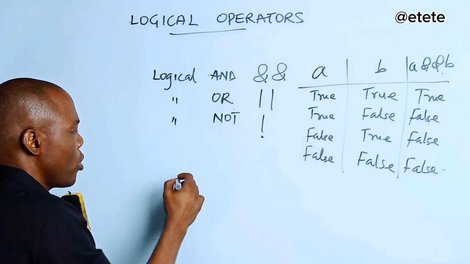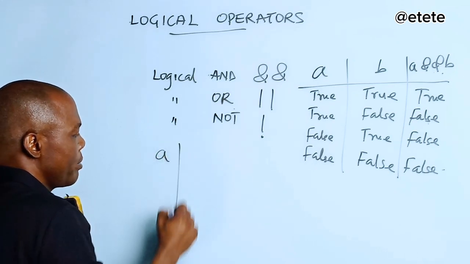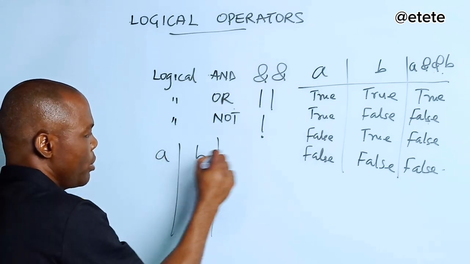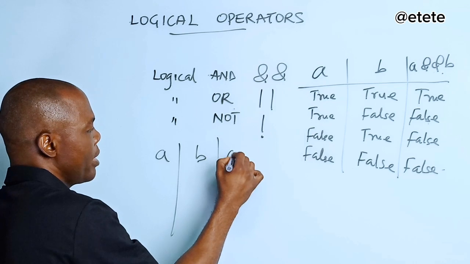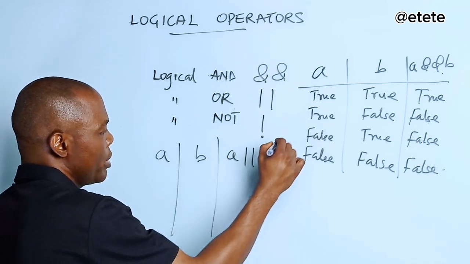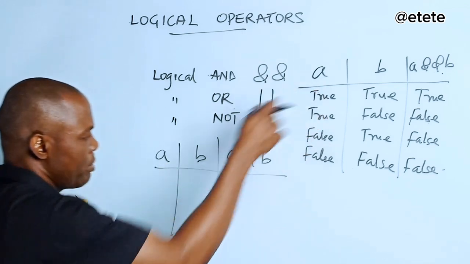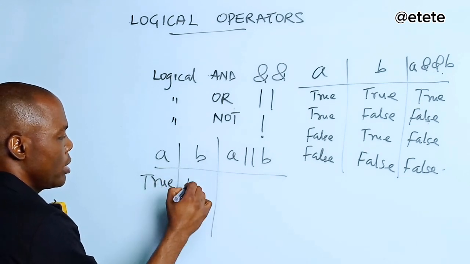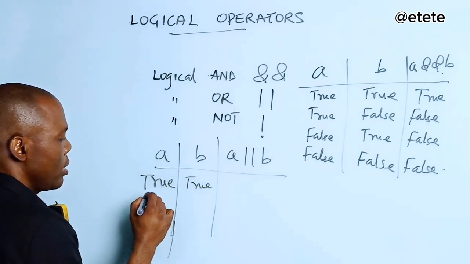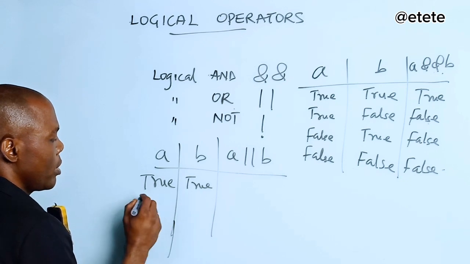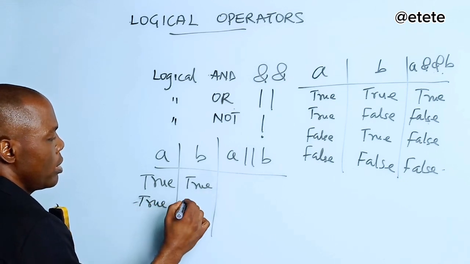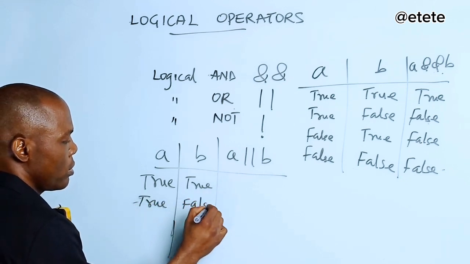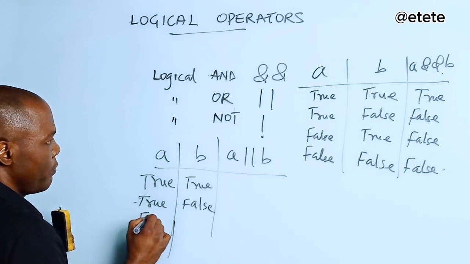Now, for the logical OR, we have something like this: A, B, then A or B. Same thing.